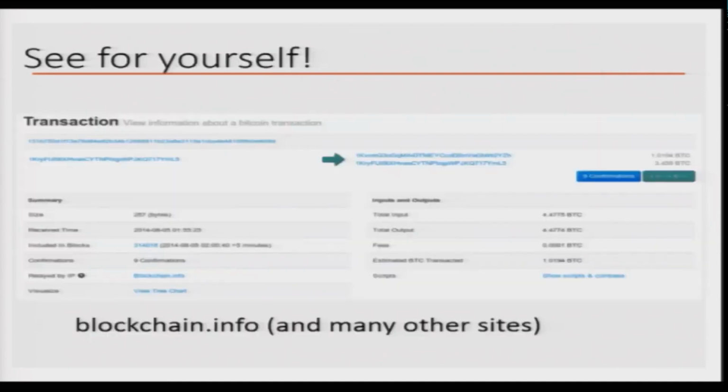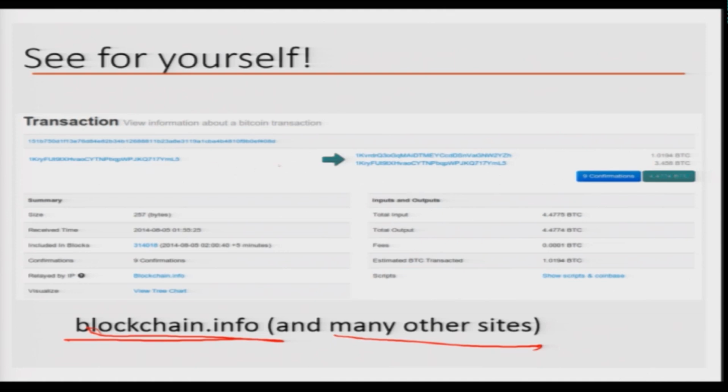You can actually go to blockchain.info, and there are many other sites, and browse through all transactions, because the Bitcoin blockchain is actually all public. So, all the information, all the transactions, all the blocks, are visible to anybody who wants to see, and there are websites which get the data from the blockchain and make it viewable in a nice format. So, this is what you can see.